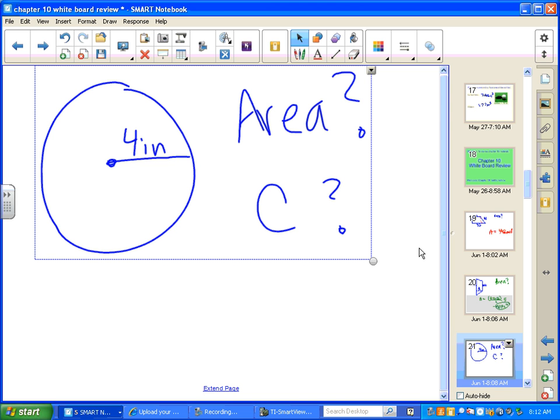Don't forget your units tomorrow, because you don't want to lose points for that. Annalise, circumference is not squared. Charles, perfect. You're good. I know it's in terms of pi. Awesome. Yeah, good job. Why do you have area cubed, Doug? Doug, you all right over there? Thank you. You're good. Good job.